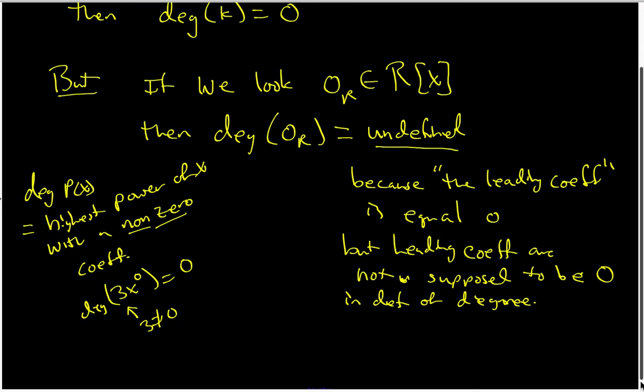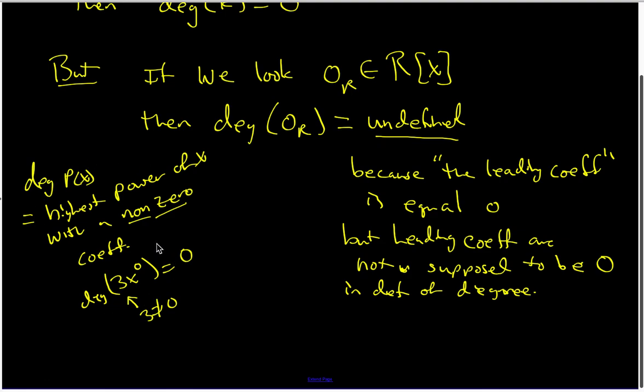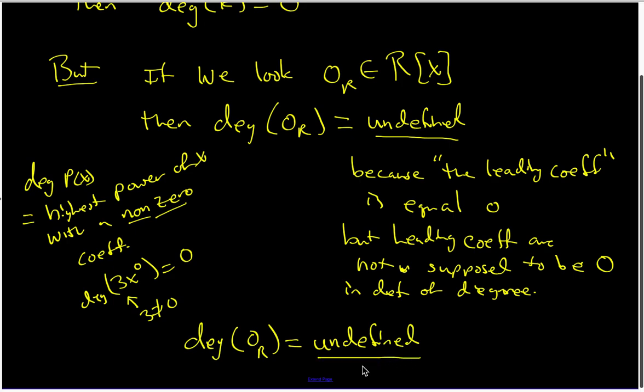But this definition does not apply to the 0 polynomial itself. The degree of the 0 polynomial is always going to be undefined. And that actually is important for a couple of things that we look at when we're dealing with building certain things inside rings of polynomials.